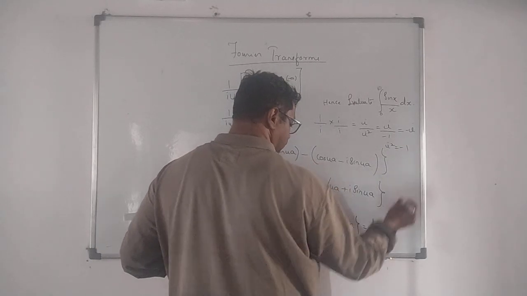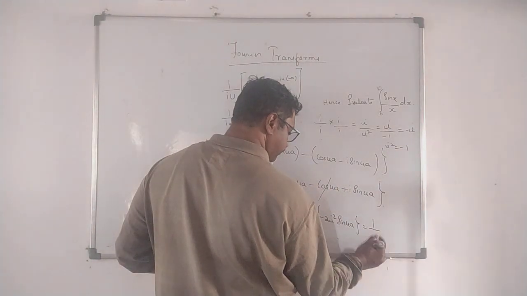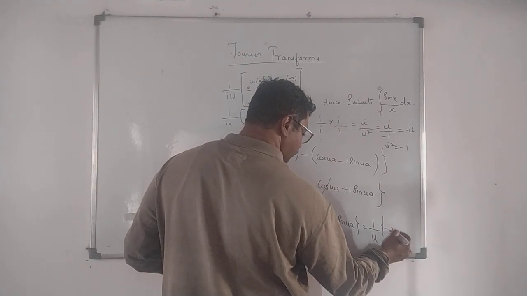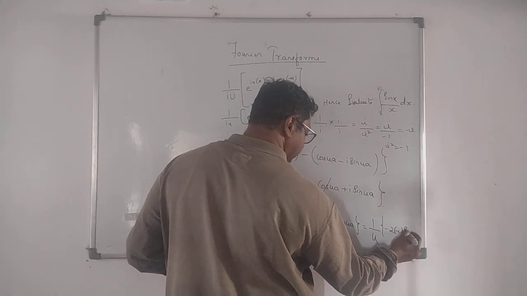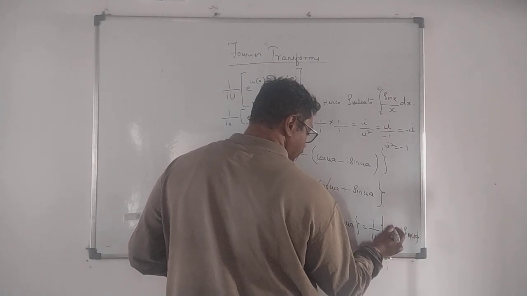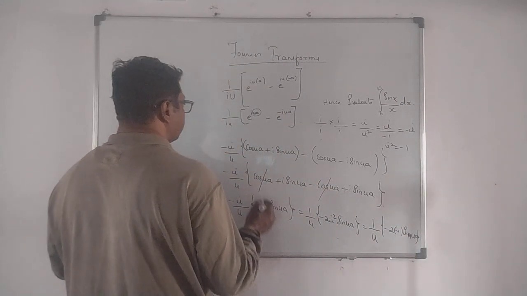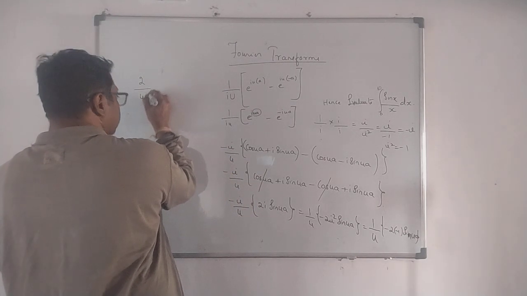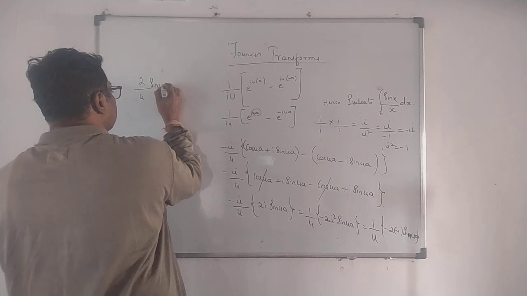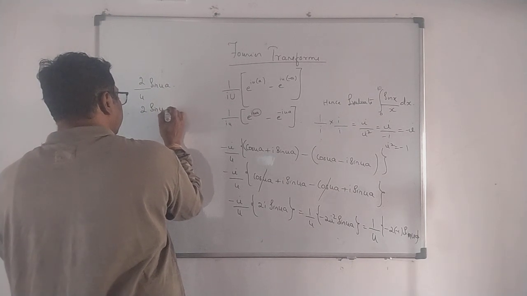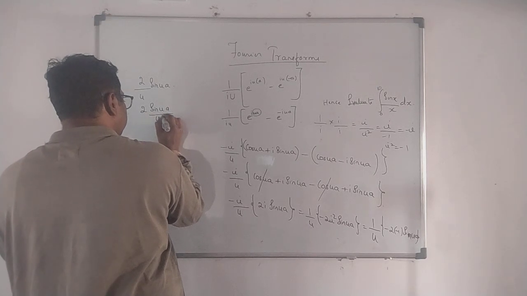Minus 1. Substitute that. Minus 2 into minus 1 sin u. Minus and minus will become plus. So 2 by u sin u. So keep 2 as it is, sin u by u.